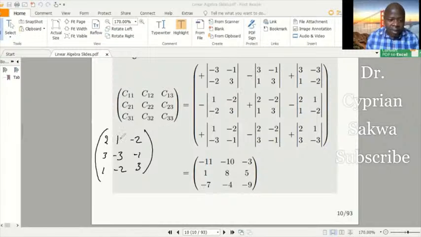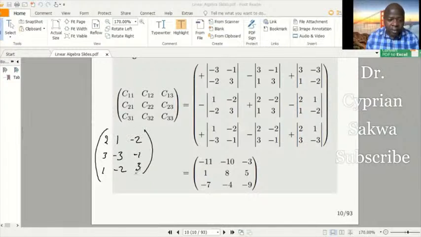Then the next sign is negative. Now we are in this position. Delete the row and the column. We are left with 3, 1, negative 1, 3. The next sign is positive. We are here. Delete this row and that column.